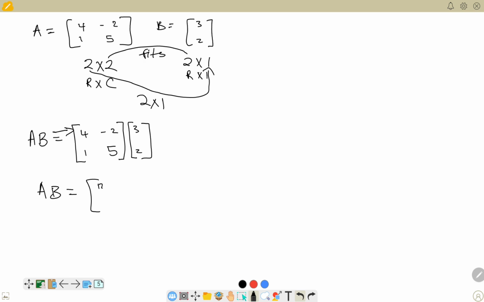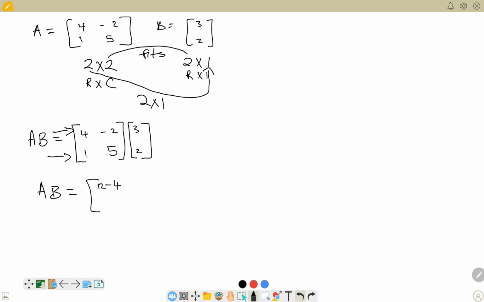So AB is going to be 4 times 3, what is it? It's 12. Is it 12? Yes. 4 times 3 is 12. Then 2 times -2 times 2, it's -4. Since we are done, we do not have another column there. We only have 1 column. Then we jump to the second row of the first matrix, which is 1, 5.